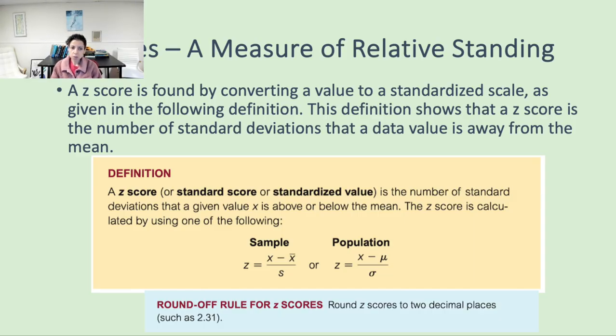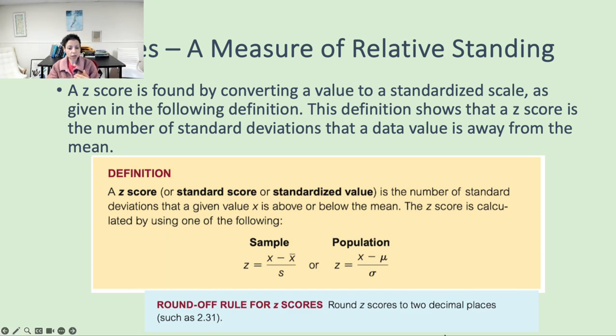A z-score is found by converting a value to a standardized scale as given in the following definition. So in this definition, the z-score is the number of standard deviations that a particular value in a data set is above or below the mean.